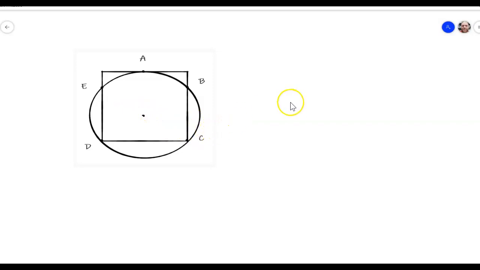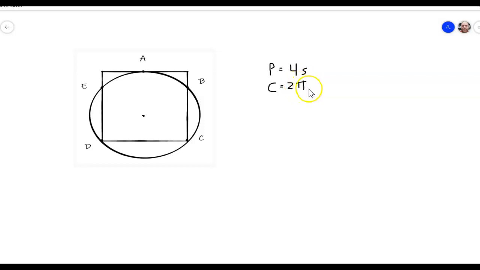Let's define what the perimeter of the square looks like. The perimeter is equal to 4 times the length of a side. And the circumference of the circle is equal to 2 times pi times the radius.